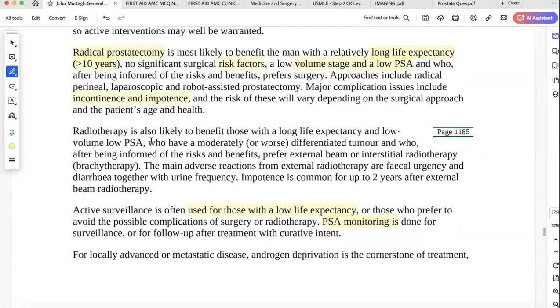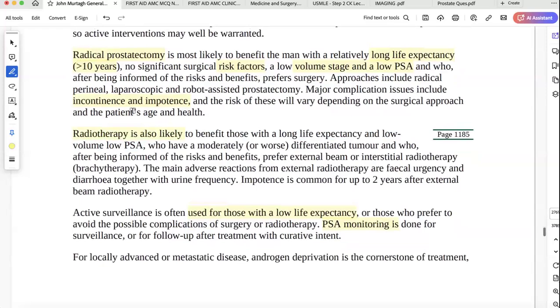So who gets radiotherapy? Radiotherapy is an alternative to prostatectomy. So someone who has long life expectancy, low volume disease and low PSA, moderately or worse differentiated tumor. Now you can understand that someone who has low volume disease and low PSA usually gets better with prostatectomy.